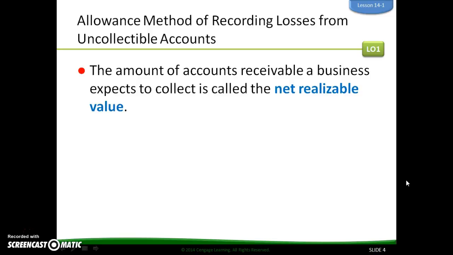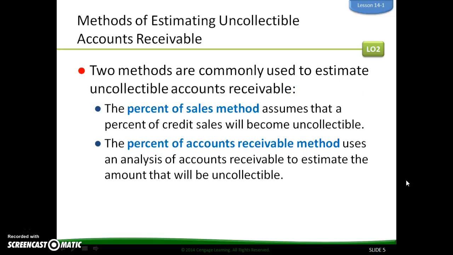So in reality, we recognize as a business that we're probably going to end up writing off some of our accounts receivable. We just realize in some cases that there will be some debt that we just can't collect. And when that's the case, then we understand we have a realizable value that we actually will be able to collect. So there are two methods to figure this out.